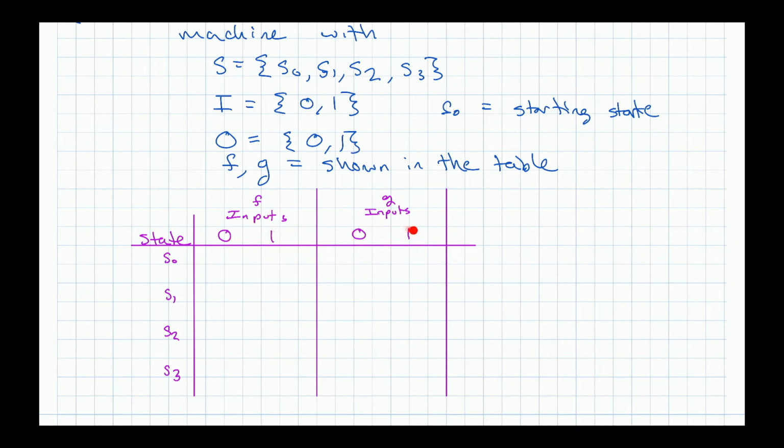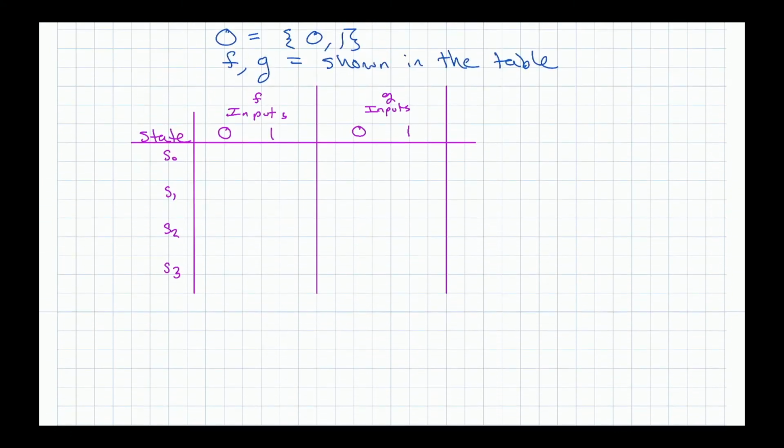These are inputs and inputs. The outputs go here, right? Because what you've got is this first section is going to tell you the state transitions. And this right here is going to tell you the outputs.